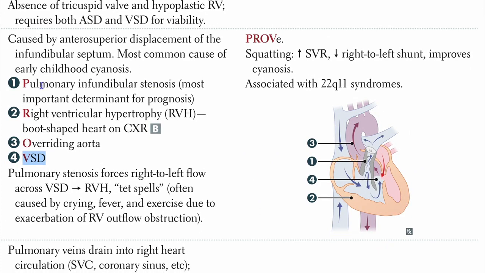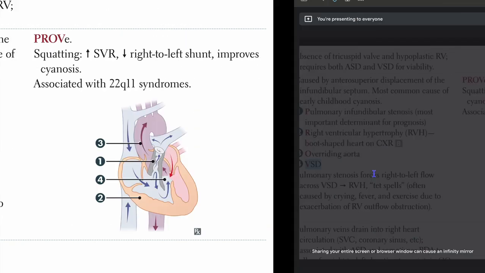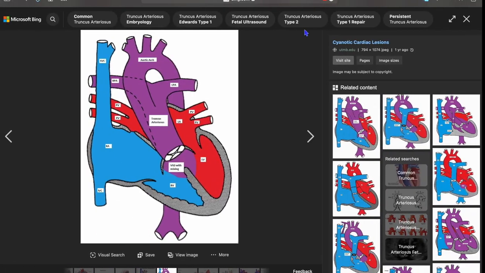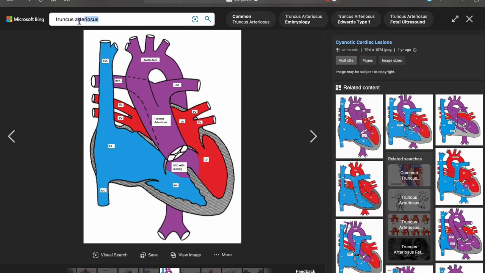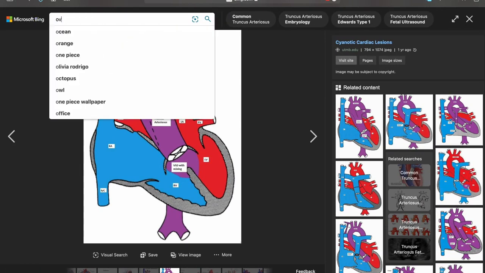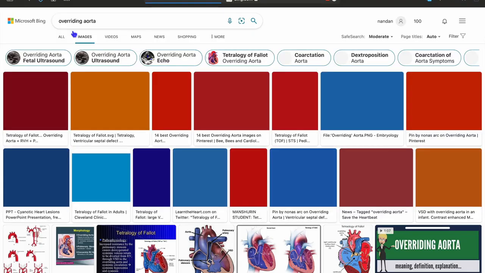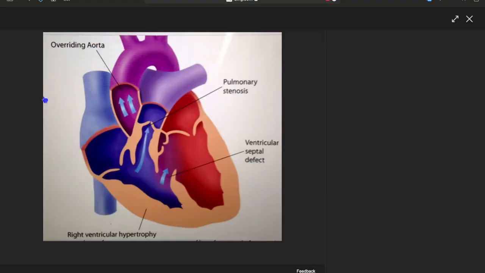So right ventricular hypertrophy is this thing right here, and then you have overriding aorta, right? So this is the aorta, and the pulmonary trunk is going through it right there. So I guess that's what it is. Hold on. Overriding aorta, I need to check that one out. Yeah, okay.